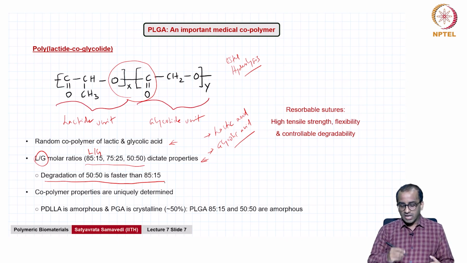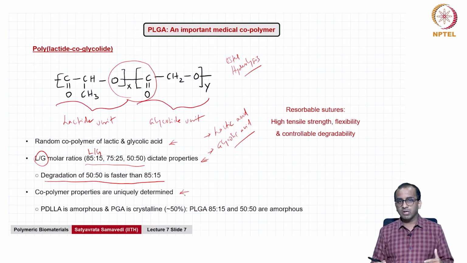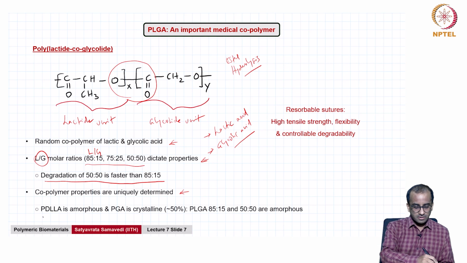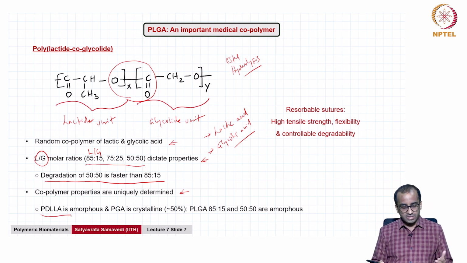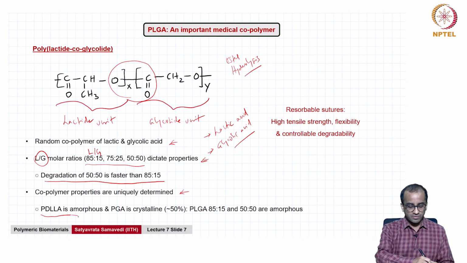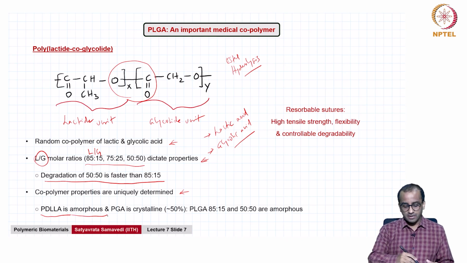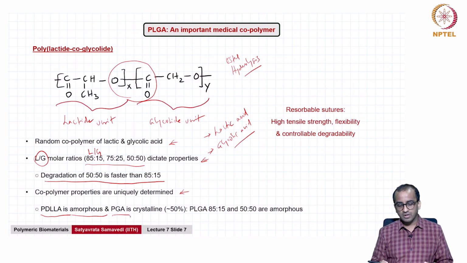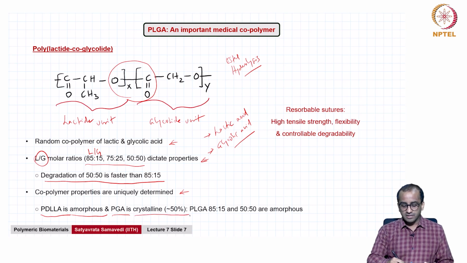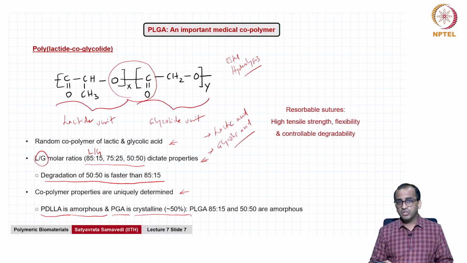And lastly, what is important to note here is that copolymer properties are always uniquely determined. Just as a case in point, PDLLA, which is the DL version of the lactide polymer, is completely amorphous, and PGA, which is the glycolic acid polymer, is highly crystalline, whereas PLGA, which is a copolymer of the lactide and the glycolide, is completely amorphous in both the 85-15 and the 50-50 versions, which are very popular.